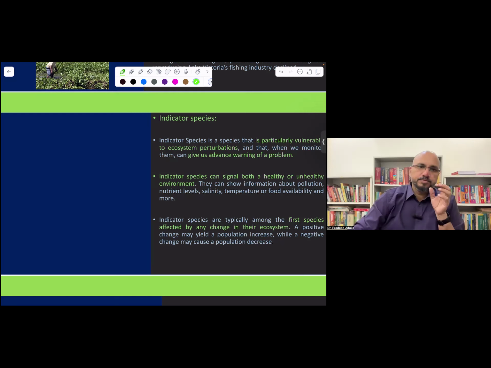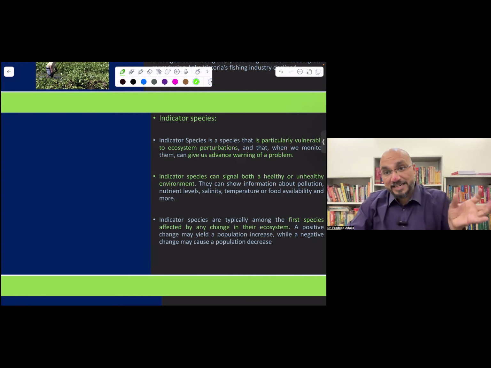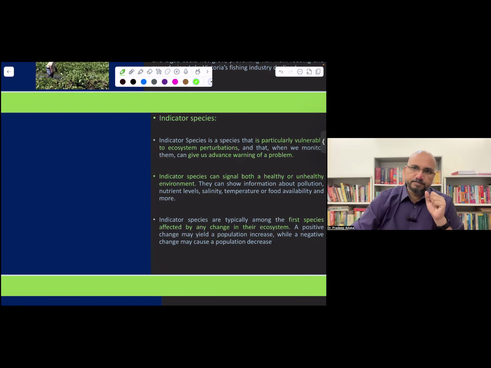they give warning about a degrading environment. Suppose there is some pollution and the environment is getting polluted, these are the species that will get affected first. Other species will show symptoms later, but these species are very vulnerable.